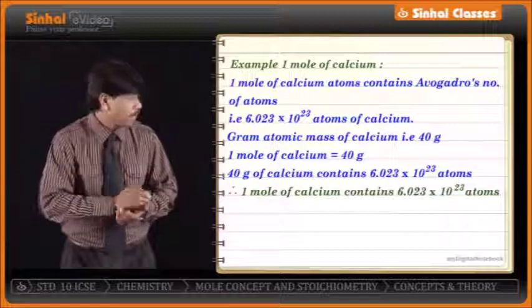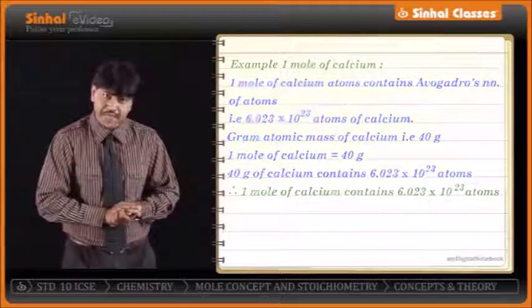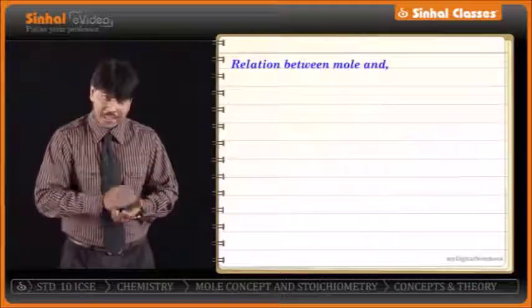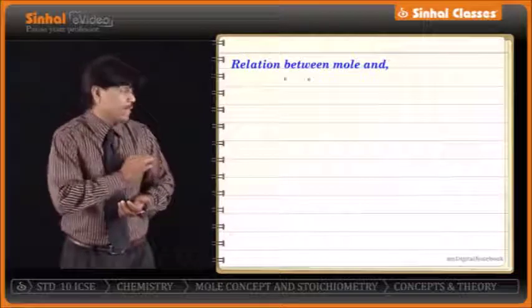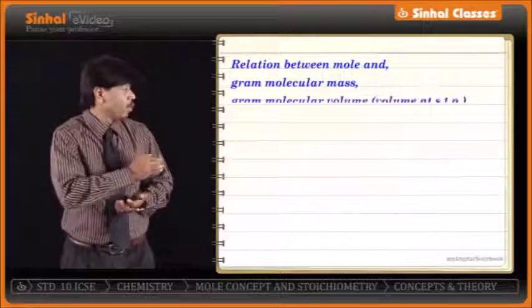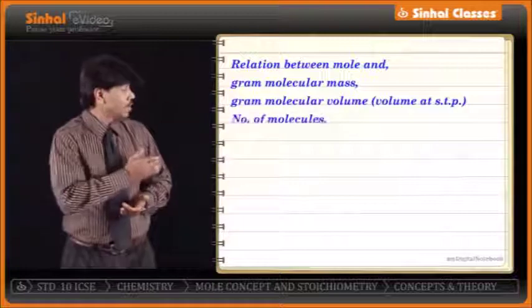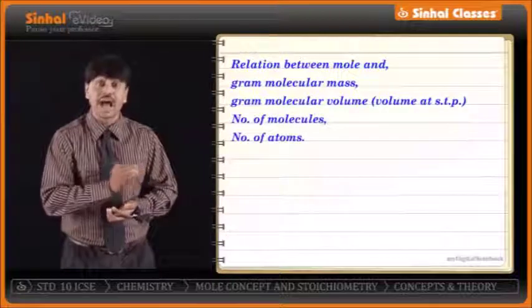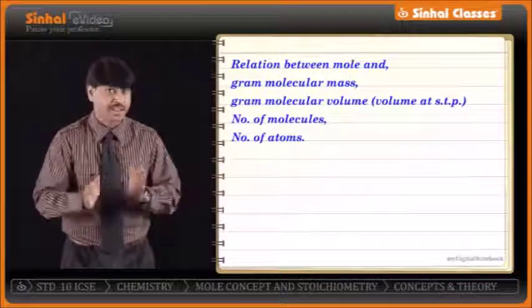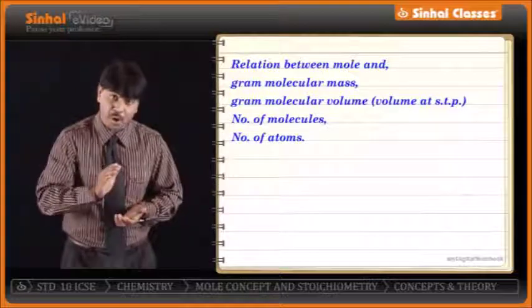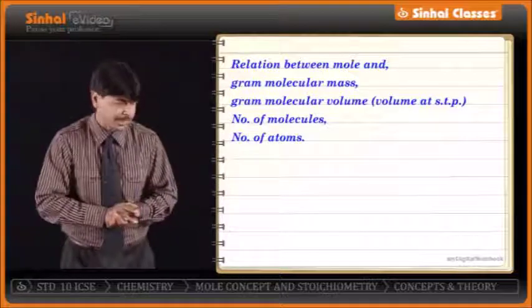Similarly, if I take 1 mole, let's see the relation between gram molecular weight, volume at STP, and the number of molecules and number of atoms present in it. Let's understand the relation between these properties by taking a few examples.